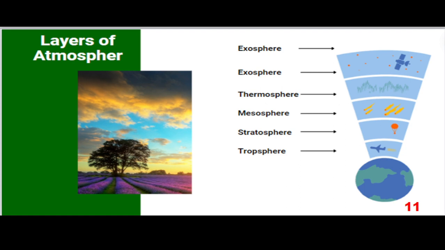The region where atoms and molecules have sufficient velocity to escape from the Earth's gravitation into space is referred to as the exosphere. Then there is also one more layer, that is the ionosphere.